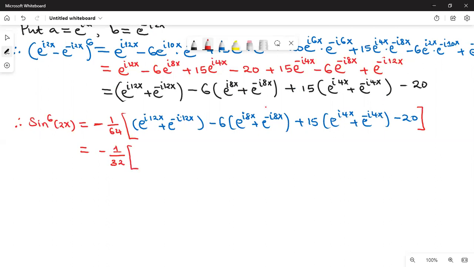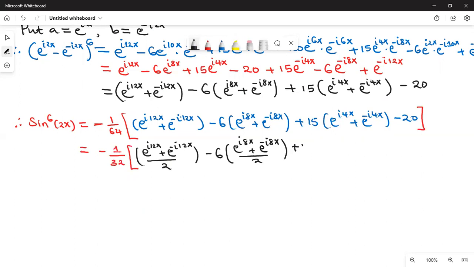Then inside, we can write this as exponential i12x plus exponential negative i12x, divided by 2, minus 6 exponential i8x plus exponential negative i8x divided by 2, plus 15 exponential i4x plus exponential negative i4x divided by 2, minus 20 over 2.